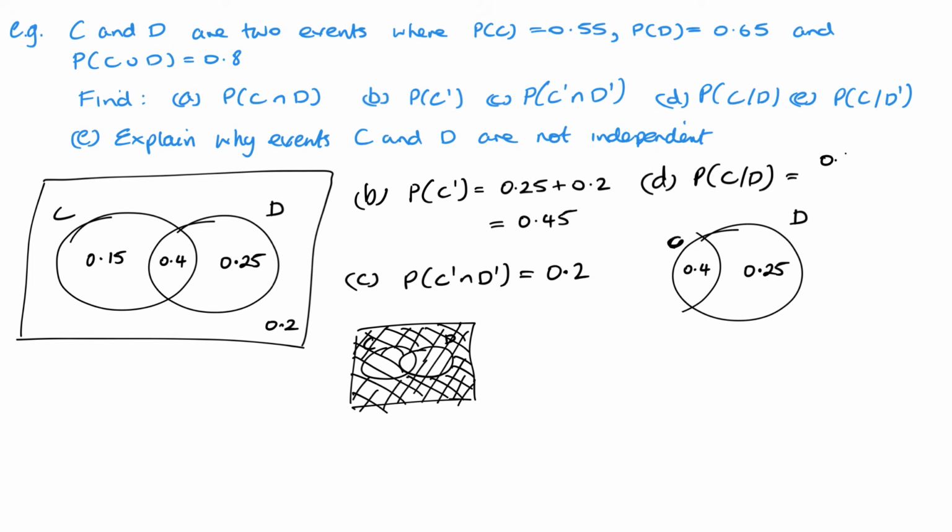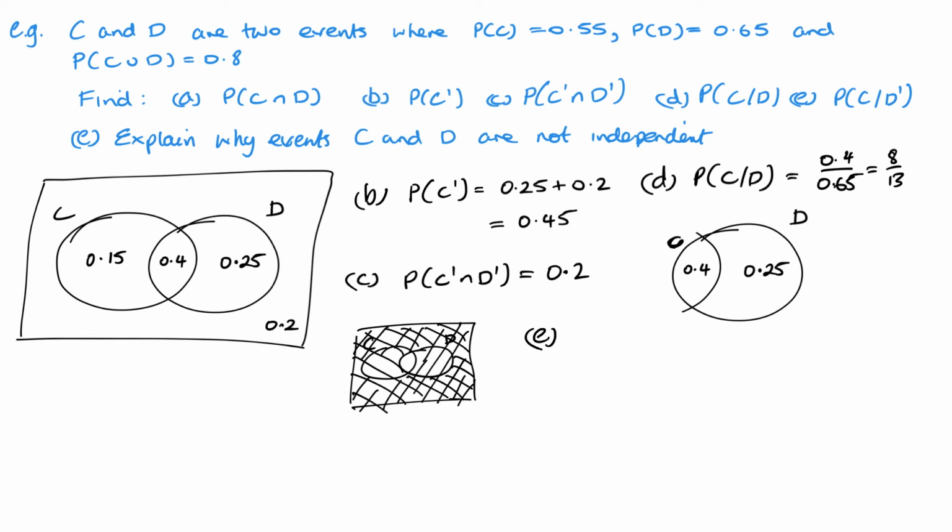So we get 0.4 divided by 0.65, and that'll give me 8/13. Okay, so we narrowed it down to given that it is D, and this is the C bit. Remember, for stuff like this you can use the formula, it's no problem there. I just think that the Venn diagram is the easiest way to go.